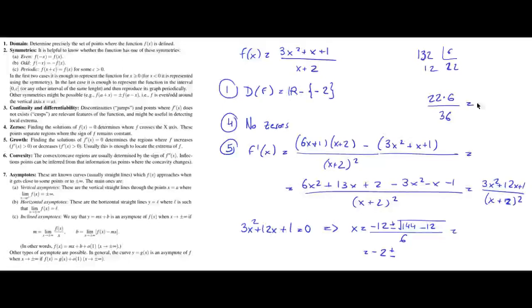So this is 22 divided by 6, in other words, 11 divided by 3, so it's the square root of 11 divided by 3.